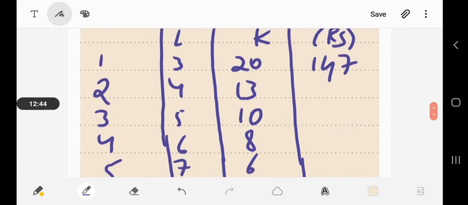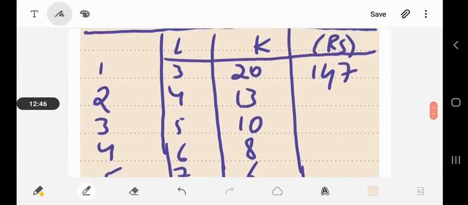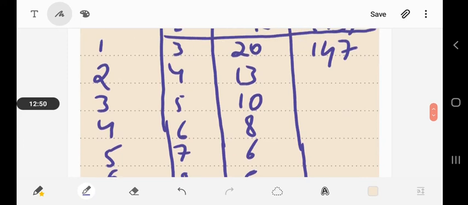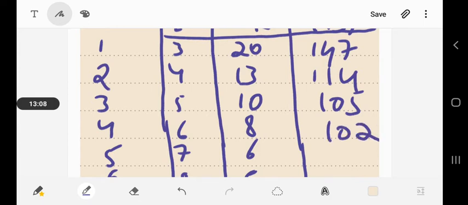Now, based on that formula, if you just want to calculate the remaining ones: 4 into 9 plus 13 into 6, that is 114. 5 into 9 plus 10 into 6, that is 105. And then 6 into 9 plus 8 into 6, that is equal to 102.